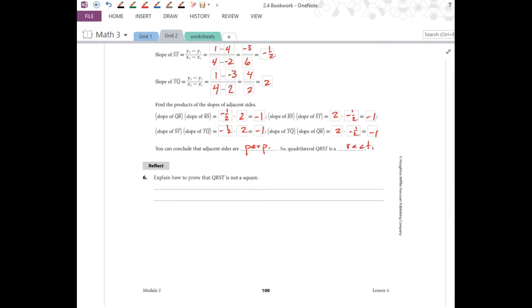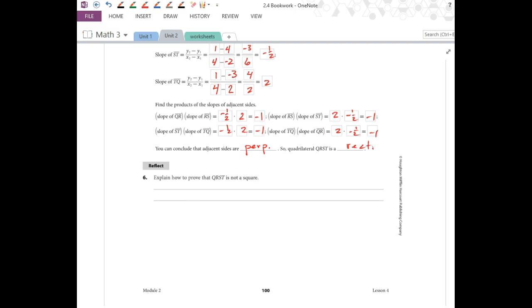Okay, what would be different if this was explain how to prove that it is not a square? So what would make a quadrilateral not a square? Angles, and so you can do it either angles or sides, right?